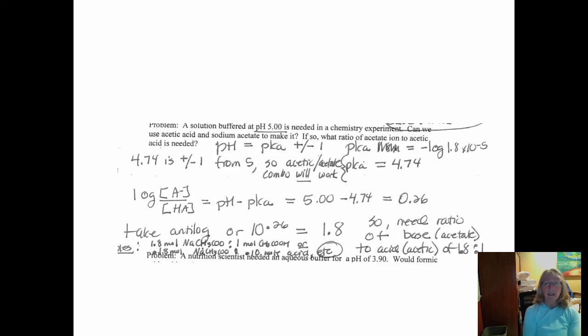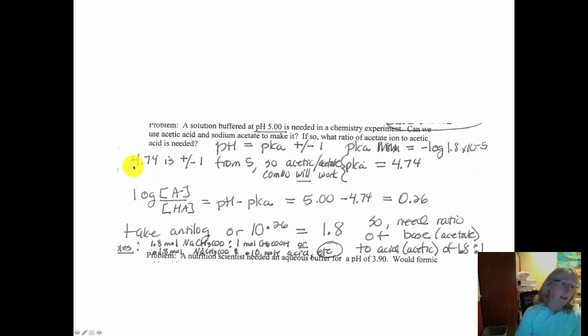If you look at the next problem, and again, just look first before you copy. Now we need a pH of 5 in a buffer. And they want to know if acetic acid and sodium acetate would be a good choice. When I go find the pKa from above, that was the pKa of 1.8 times the negative log of 1.8 times 10 to the minus 5.